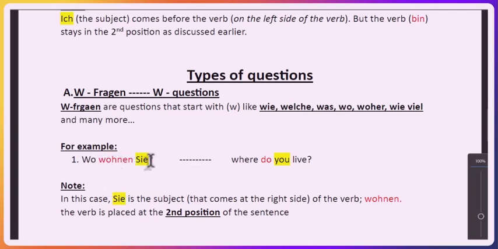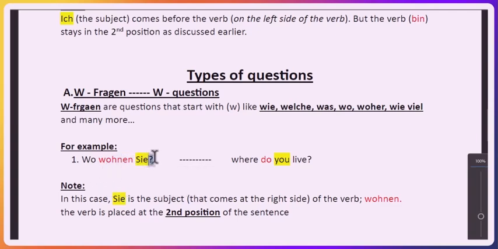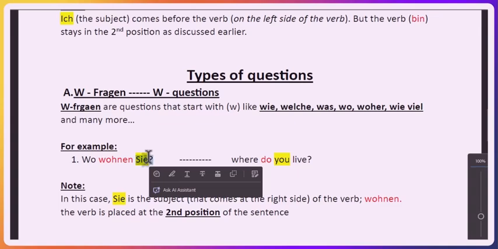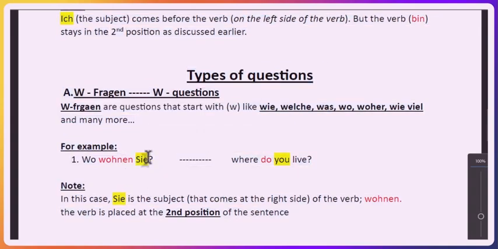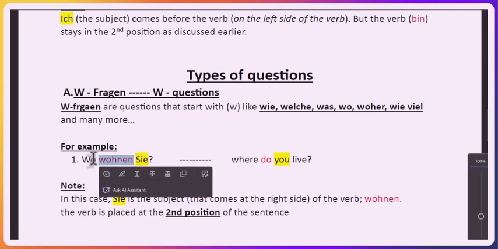This is not always the last position of the sentence. So it comes after the verb. With these examples, the verb is in the second position, and with the W-questions, the subject comes after the verb, not before.